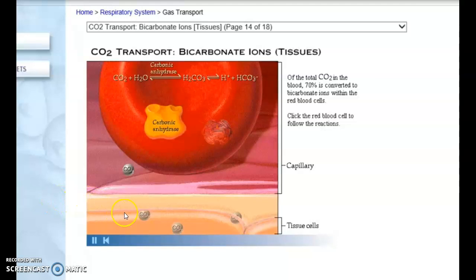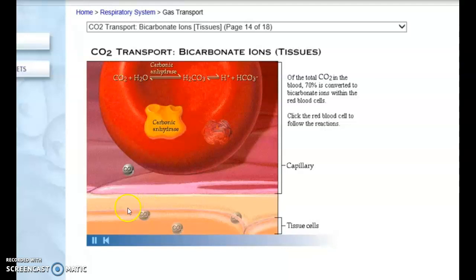Okay, so 7% of carbon dioxide went directly and dissolved in the plasma. 23% went into the red blood cell, joined hemoglobin, became carbaminohemoglobin, and again, it was a reversible reaction. So what does the majority of the carbon dioxide do?